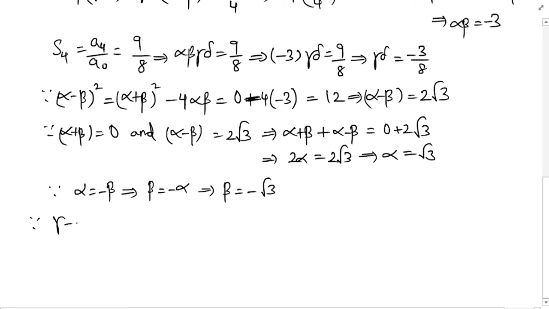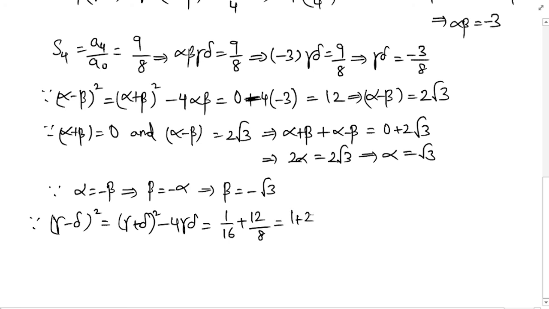So now gamma minus delta whole square can be written as gamma plus delta whole square minus 4 gamma delta. So which is equal to 1 by 16 plus 12 by 8. Okay. So just calculate this one. So that will be equal to 1 plus 24 divided by 16.